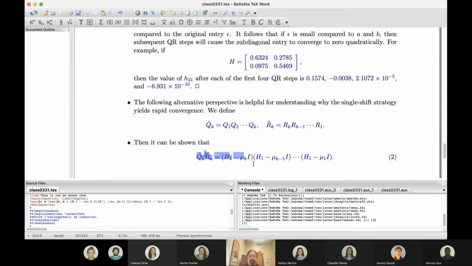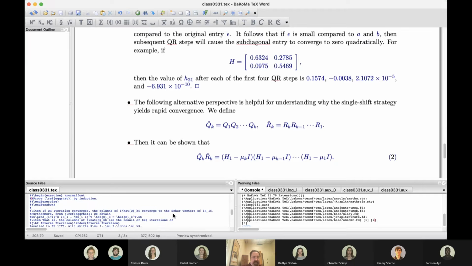In fact, proving this by induction is one of the homework problems from this section. So have fun with that.